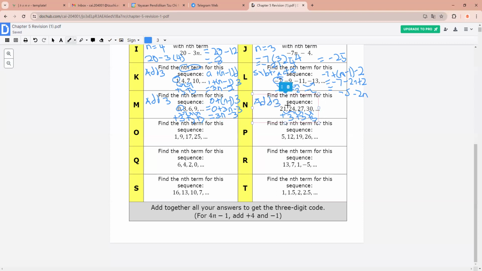So we take the first term, which is 21, plus n minus 1 times 3, which is the same as 21 plus 3n minus 3. And the answer is 3n plus 18.